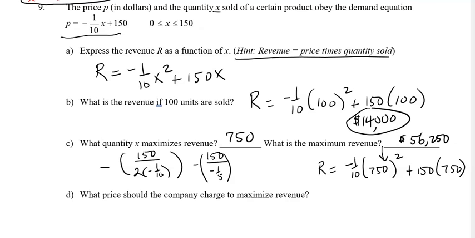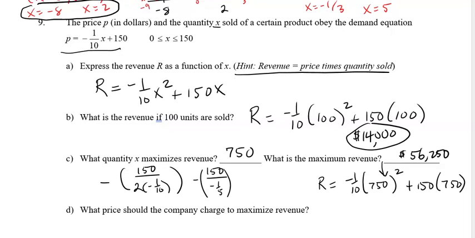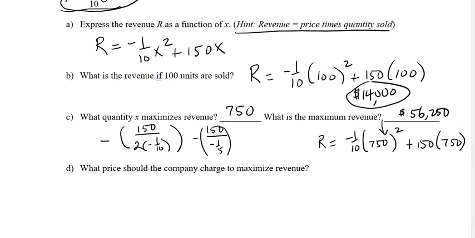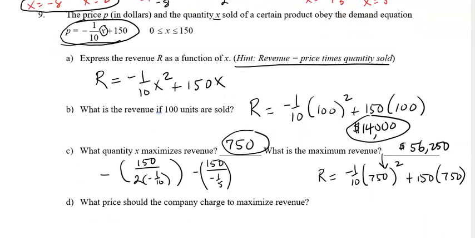And then finally, part D, what price should the company charge to maximize revenue? So remember, this is the price function, and all we have to do is put in that number for X that maximizes revenue, and that's the 750. So all we're doing here is just taking that price and we're replacing X with 750.